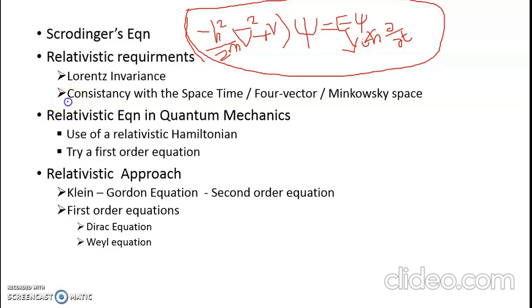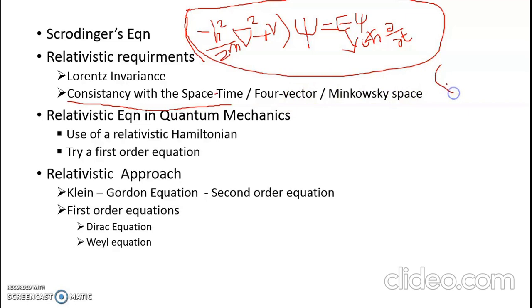Another requirement for a relativistic wave equation is that it must be consistent with the space-time coordinates of relativity, or the four-vector formulation of relativity, or the Minkowski space formalism.